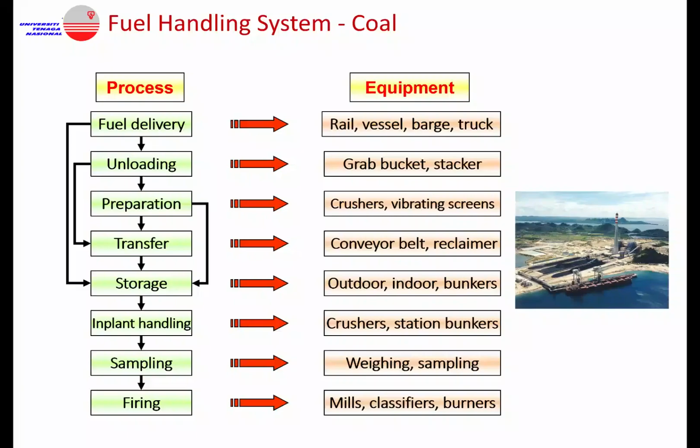Using truck, you have to have many trucks to transfer the coal, and it might not be feasible because of the cost. So I personally think if your power plant is located very far away from the sea, then rail is another option for you to transfer a huge amount of coal to the power plant.